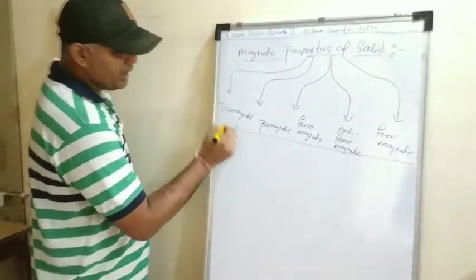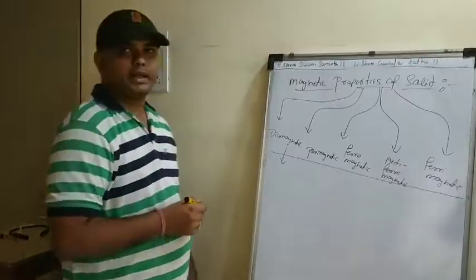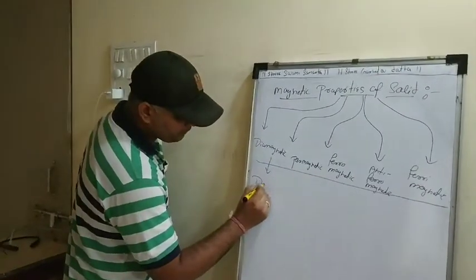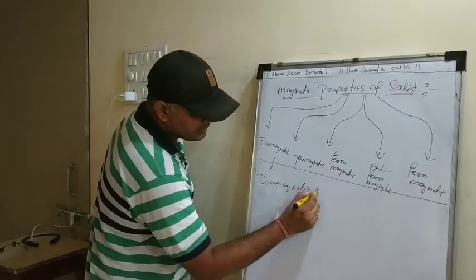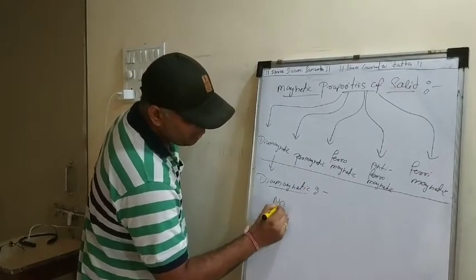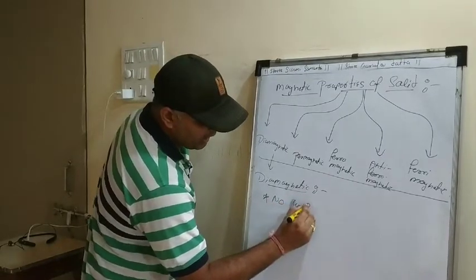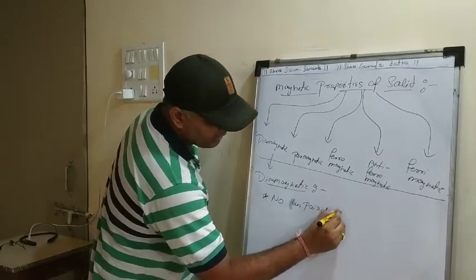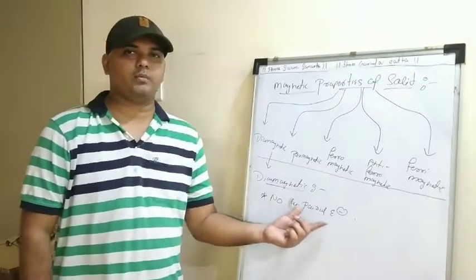So number one, I'll talk about the diamagnetic. What is the diamagnetic? Diamagnetic contains no unpaired electrons. That means there is no unpaired electron present in the system.